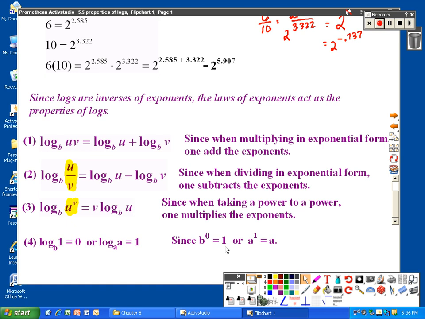That's why I can rewrite it from exponent form to log form: log base b of 1 equals 0. Or, if I have it in exponent form, a to the first equals a, which is true. So log base a of a equals 1. Where we're going to use this is especially when you see a log whose base is the same as its value, we can reduce that to a 1.